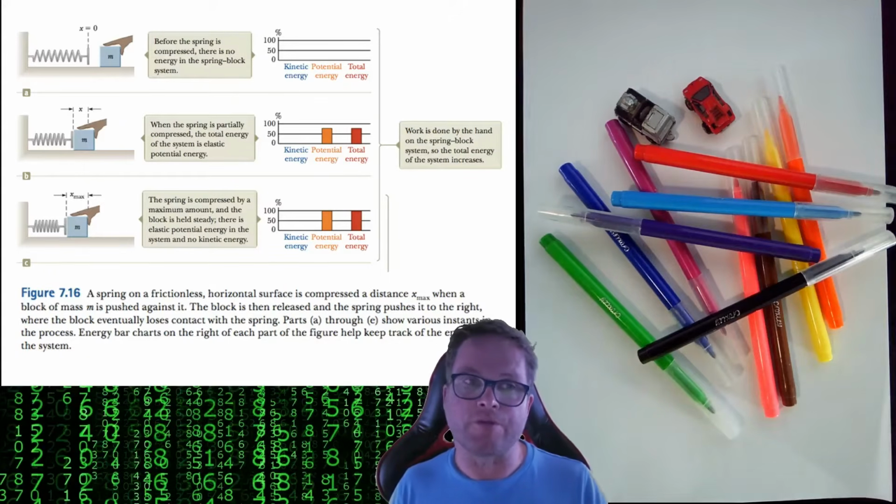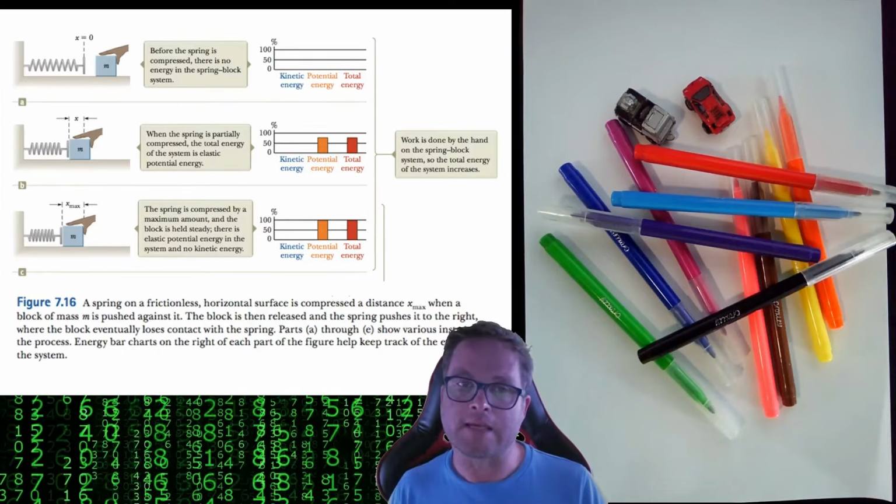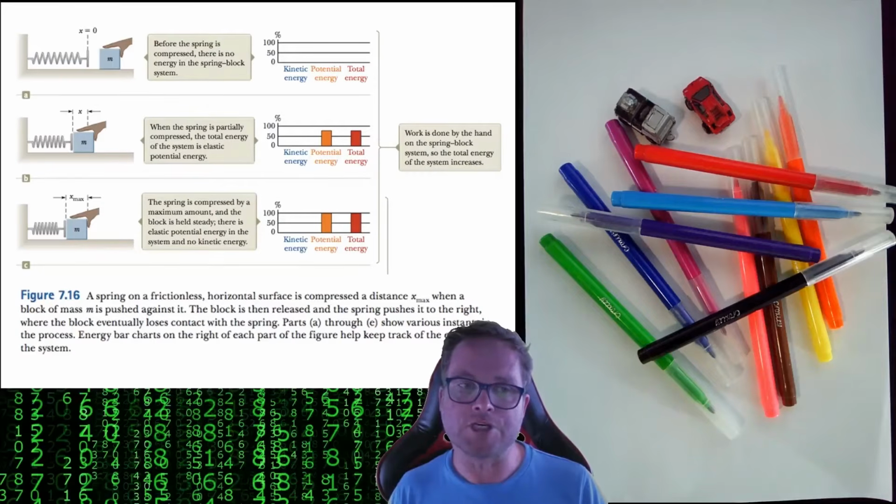So to start off with, initially we have no energy in the system, and then as the person pushes the block against the spring, we have elastic potential energy being stored in the spring. And as the block is being pushed, the elastic potential energy is increasing. So we see this bar increasing.